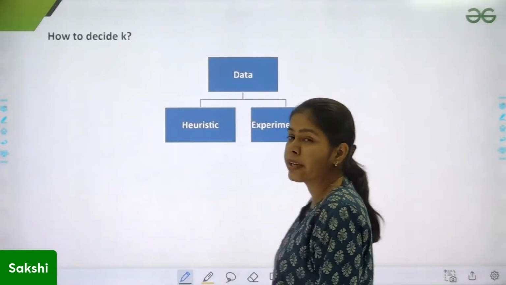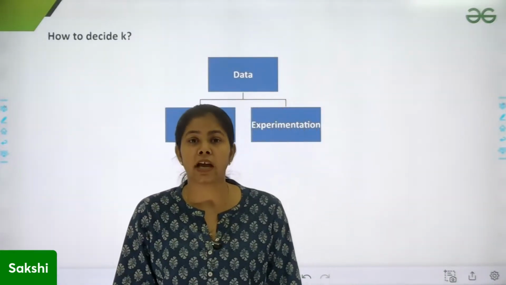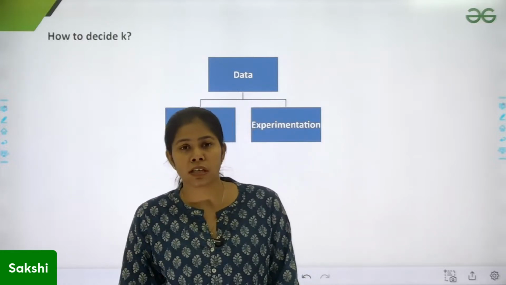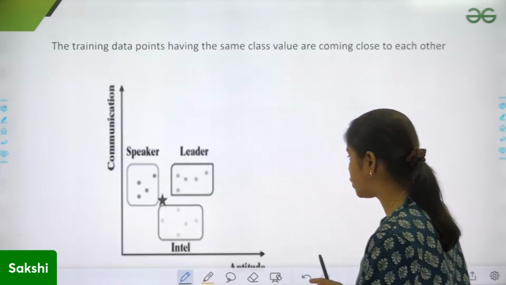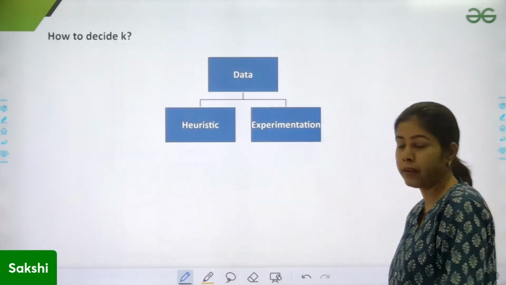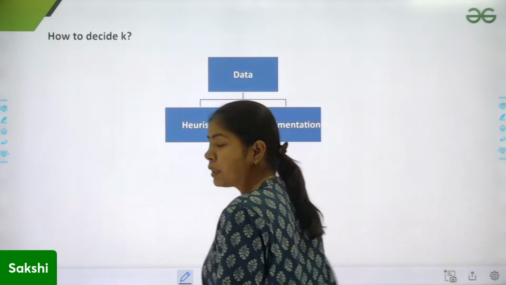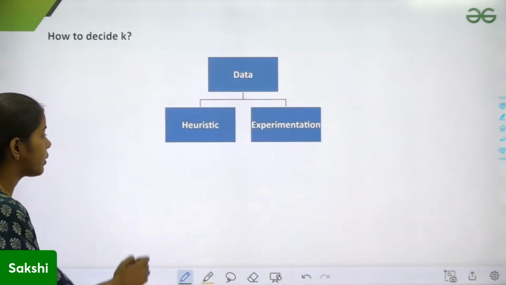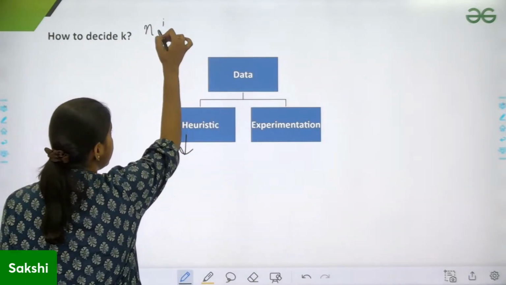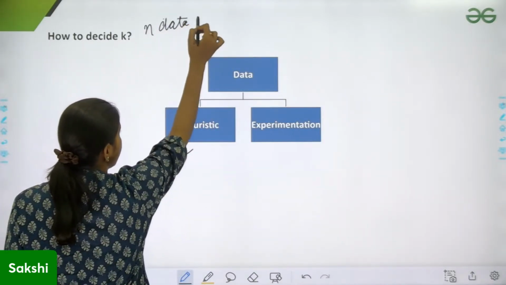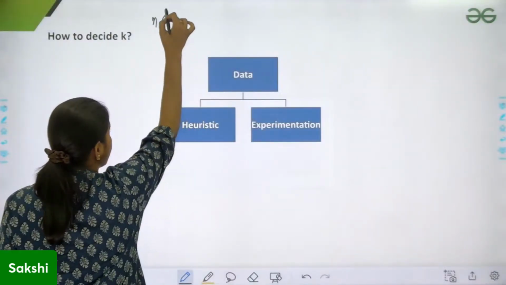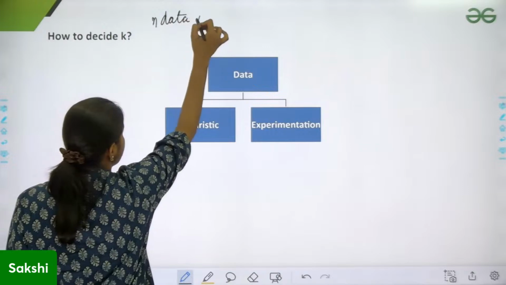So the question, guys, was, as I told you previously, how to decide the value of k, right? That is the most important question, because changing the value of k would change your answer as well, right? So one approach is heuristic, another one is experimentation. In heuristic, what would we do? Let's suppose we have n data points given to us.